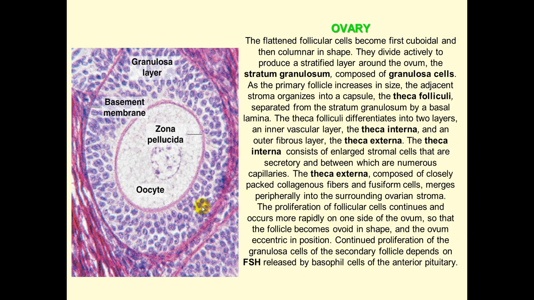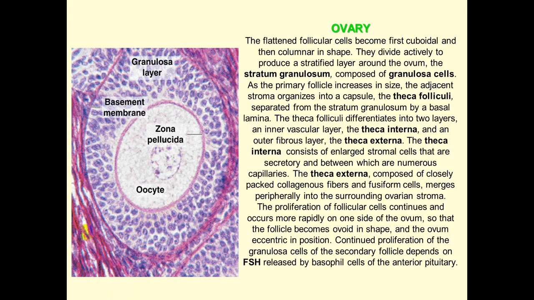But now you also can see the inner covering of the follicle, the so-called stratum granulosum, which is composed of granulosa cells. Granulosa cells are modified follicular cells, which you saw on the previous microslide. When the follicle grows, the follicular cells undergo mitosis, proliferation, and modify into granulosa cells.